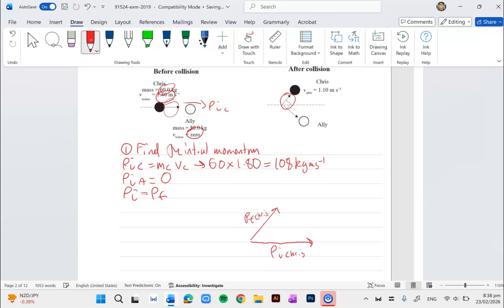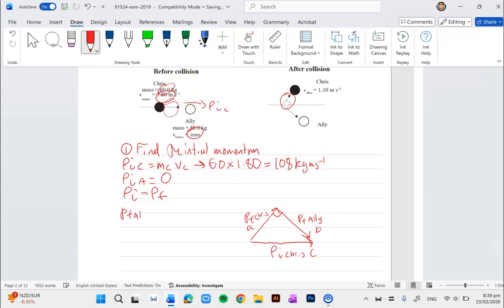And then we've got Ellie's momentum direction, p_f Ellie. Our right angle is up here, so this is the hypotenuse. We do have to use a bit of Pythagoras to find the momentum of Ellie.